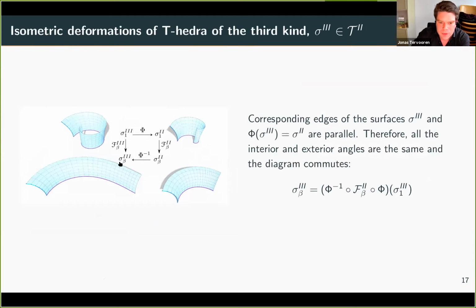This diagram commutes because all the corresponding edges of these two surfaces are always parallel, and hence all the angles are the same. And if we do so, we obtain the following isometric deformation of the surface. Again, we can see that the profile curve gets bent in this one direction, and the others just get more curved, and the other curves get less.